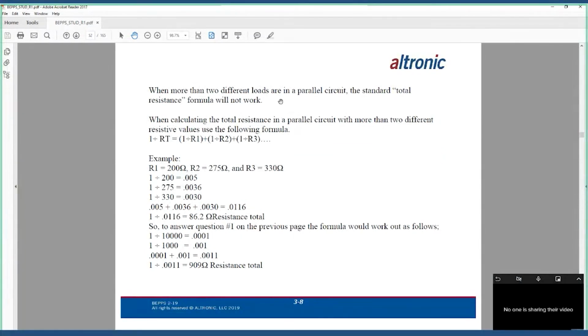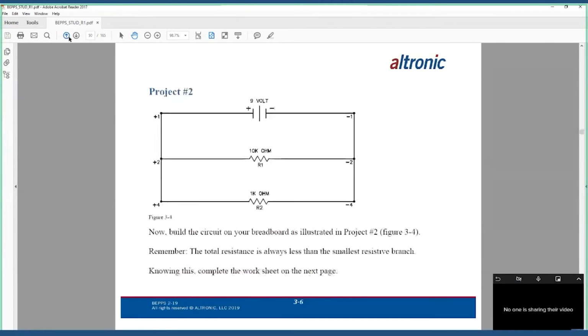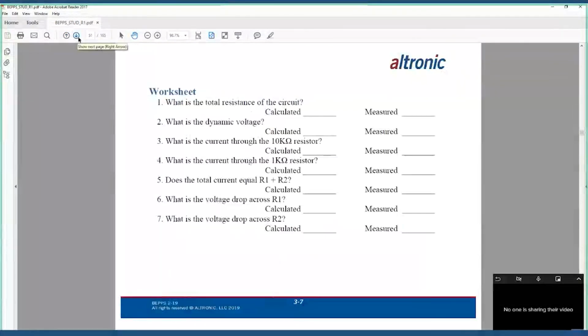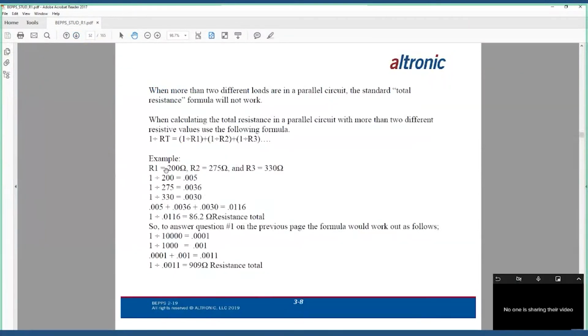Like I said, I don't expect any of us to work it out, but an example would be resistance 1 equals 200 ohms. Let's see if we've got a reference here. Apparently I don't show this circuit, but this is an example. Resistor 1 equals 200 ohms, resistor 2 equals 275, and resistor 3 equals 330 ohms.